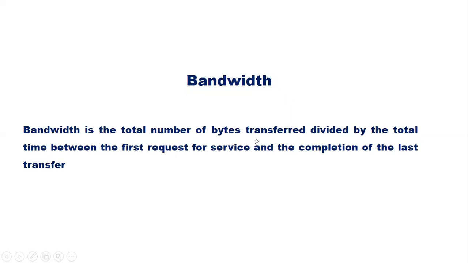Bandwidth is the total number of bytes transferred divided by the total time between the first request for service and the completion of the last transfer. So that means the total number of bytes transferred divided by the time taken, from the submission of the request to the completion of the last transfer, is known as the bandwidth.